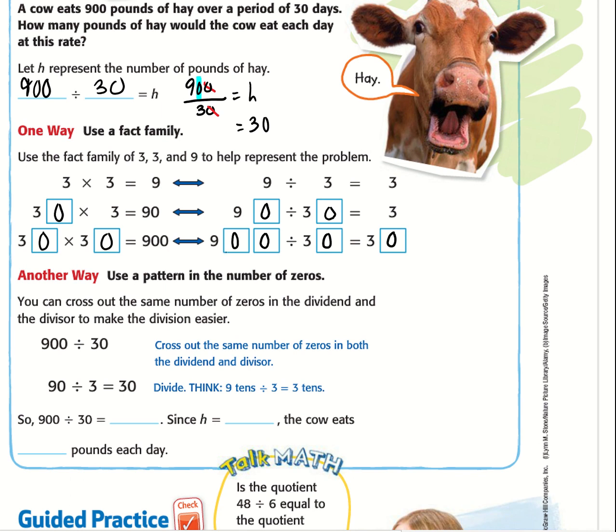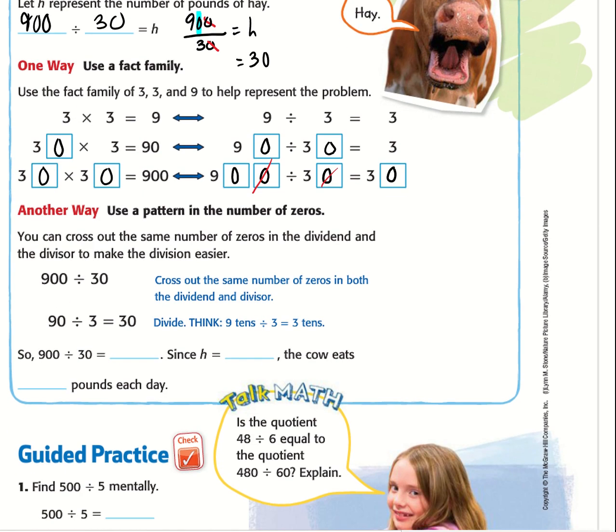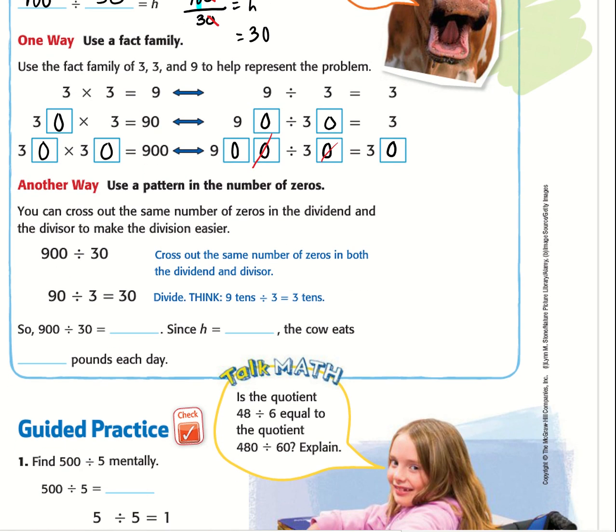So 900 divided by 30 equals 30. If you want to cross out the zeros that way, you can from the dividend and the divisor. That gives us 90 divided by 3 equals 30. So another way is to use a pattern in the number of zeros. You can cross out the same number of zeros in the dividend and the divisor to make the division easier.